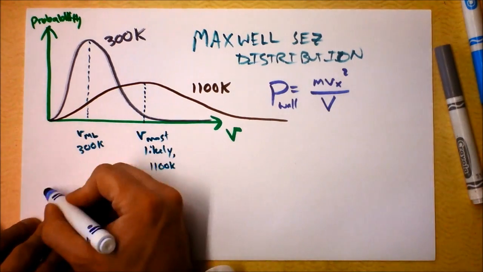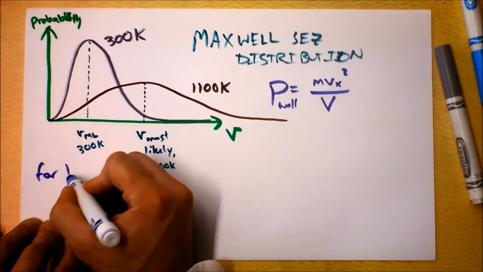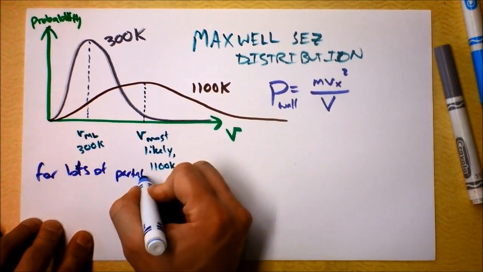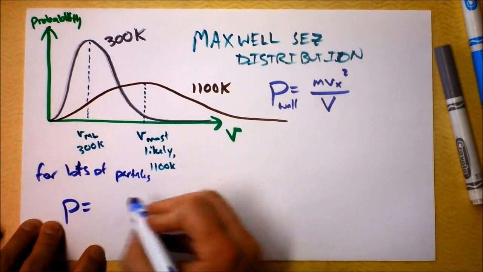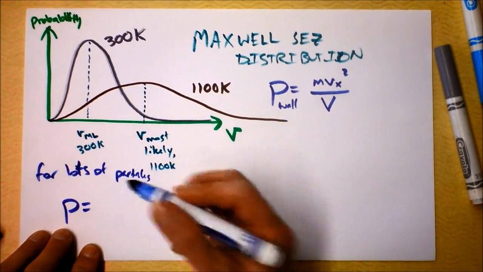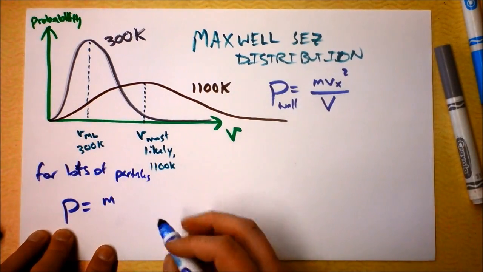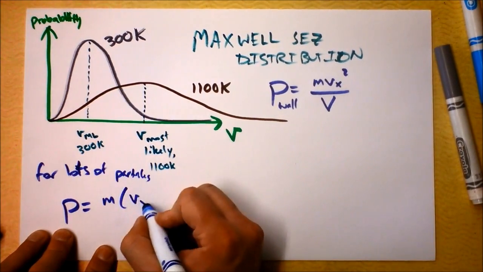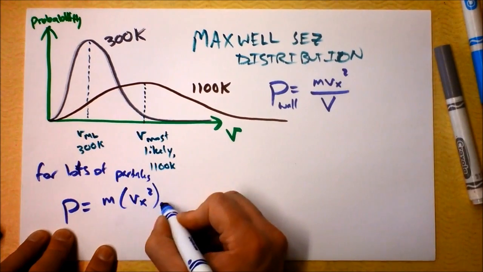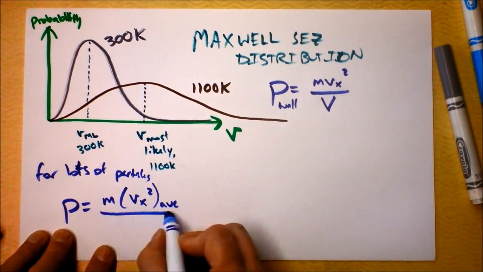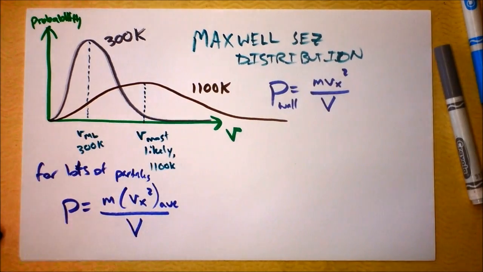Then I can argue that the pressure for lots of particles is going to be the mass of all of them times Vx square average. We want to take the average value of those and divide by the volume.